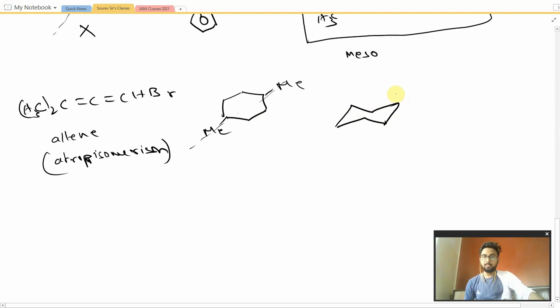So this methyl can exist here or here, and the other methyl also can exist here or here. So axial and equatorial isomers are already present in the system. So this molecule would obviously exhibit stereoisomers. So this one is also exhibiting.